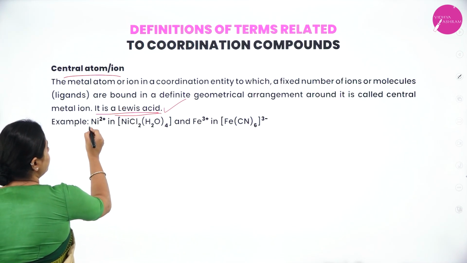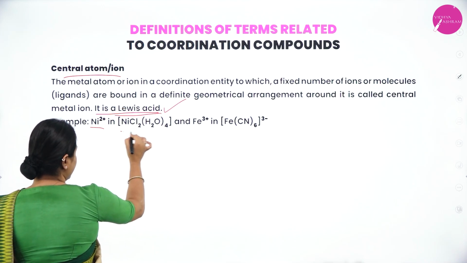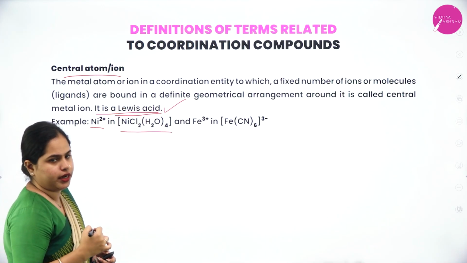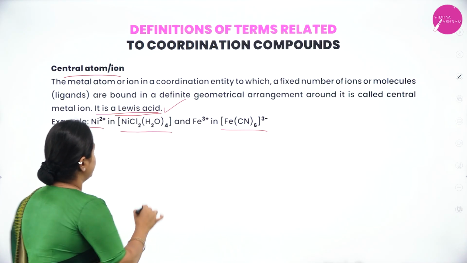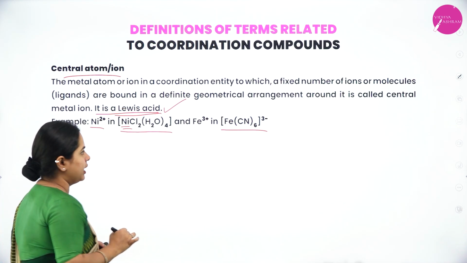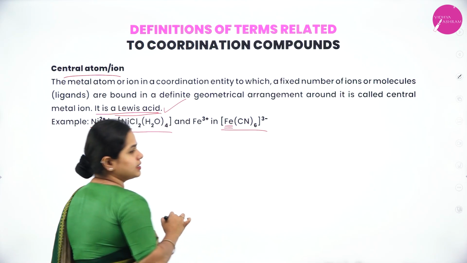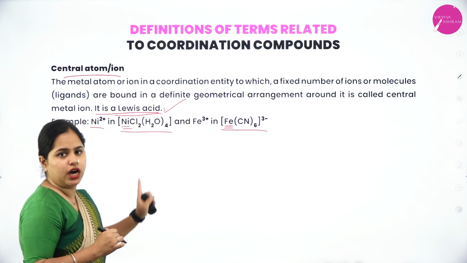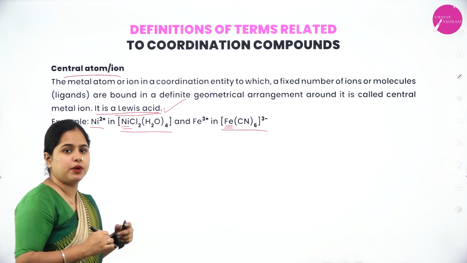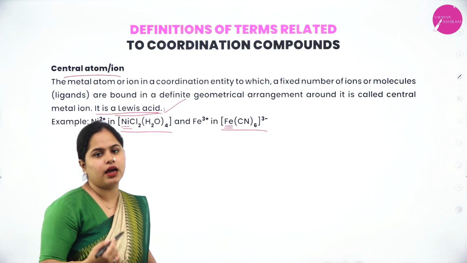For example, Ni2+ in [NiCl2(H2O)4] and Fe3+ in [Fe(CN)6]3-. Here nickel is the central metal atom and here iron is the central metal atom. How exactly we calculate the charge, that is Ni2+ and Fe3+, we are going to study in detail in the upcoming sessions.